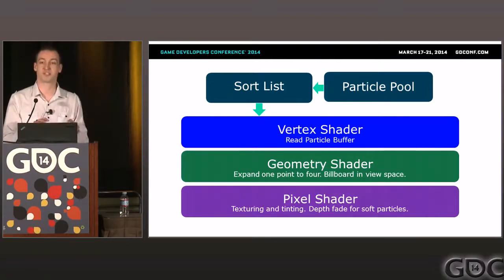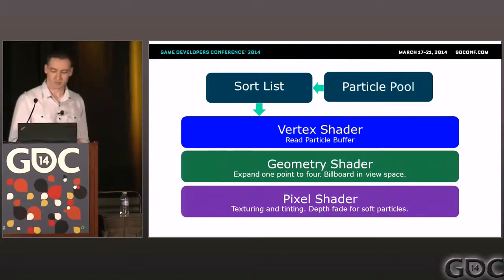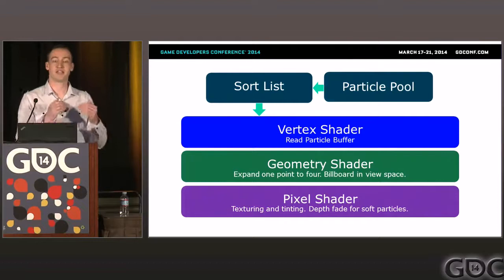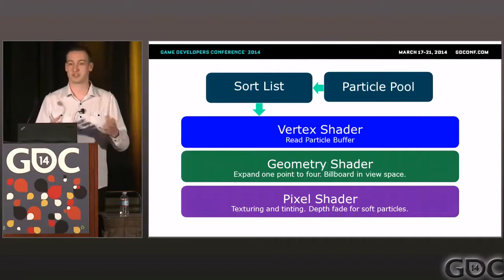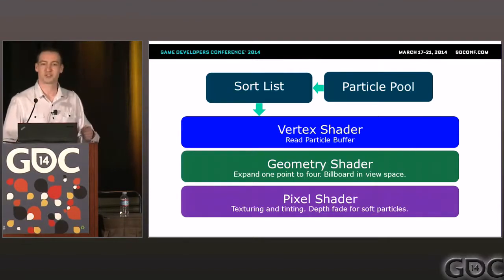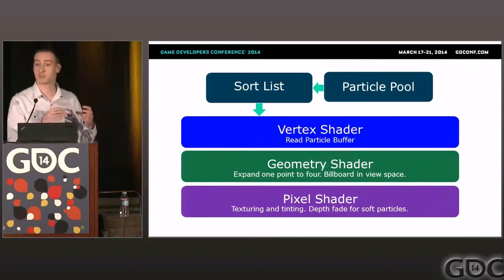And in the vertex shader, all we're doing is using the vertex ID semantic. And that basically gives you an index, which then you look up into your sort list. And from your sort list, then you can pull out the sorted particle data, so typically your position, radius, color, and so on.